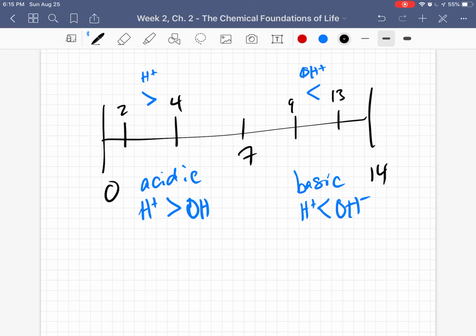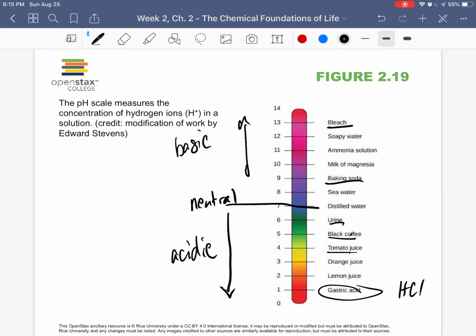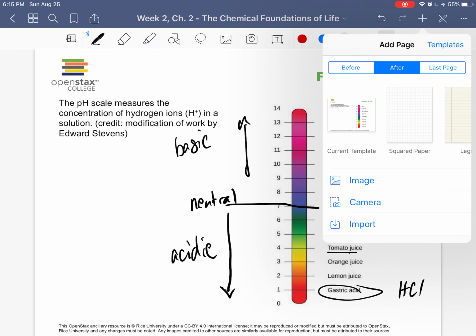All right. Now let's add some more to the scale. We'll just add another scale. It's easier that way.